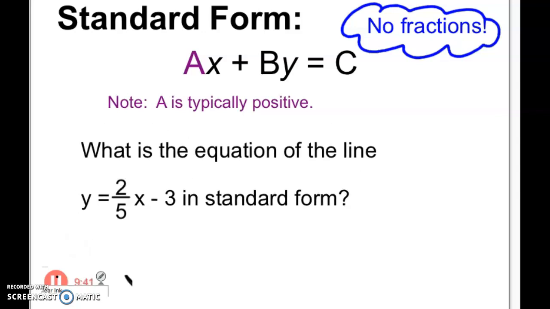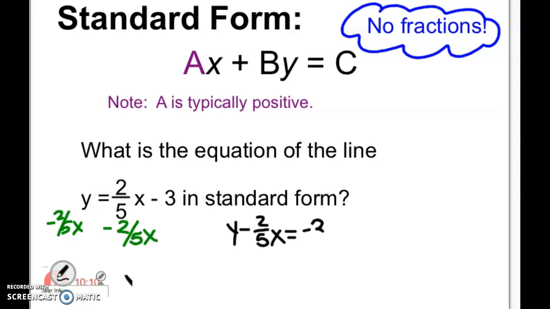The first step, to me, would be you can either multiply by the denominator to get rid of your fraction, or subtract the x over. There's kind of 2 steps, and it doesn't really matter which order you do those in. And so I'm going to subtract the 2/5 x from both sides. You get y minus 2/5 x equals -3.